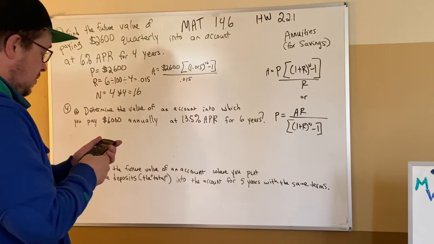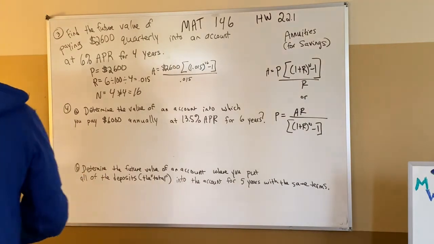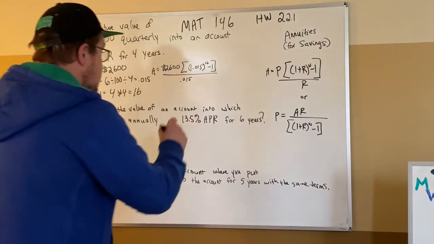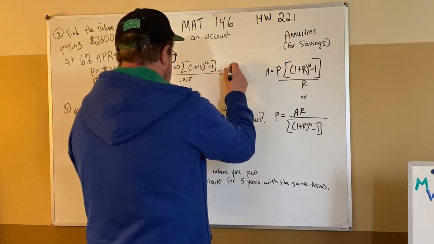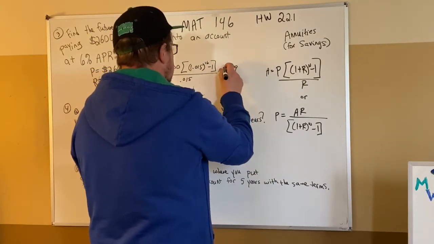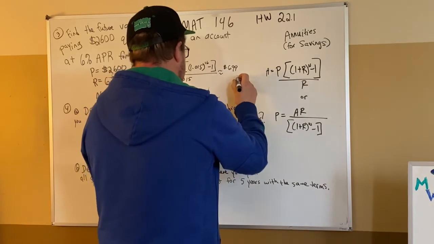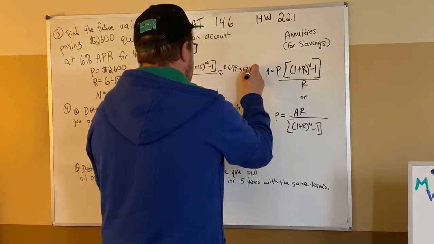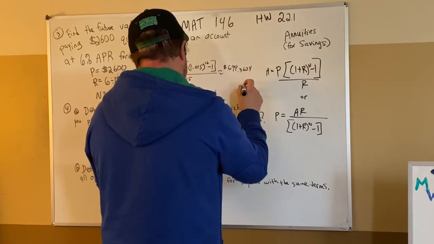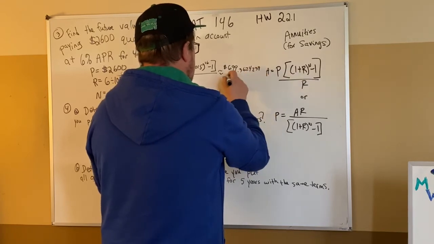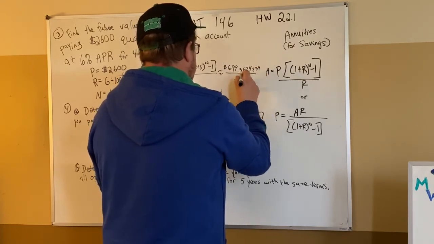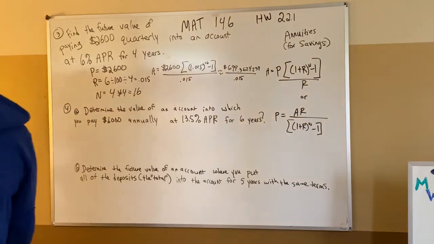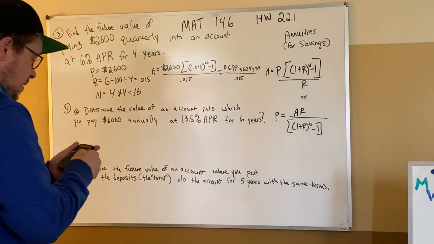I've done it now times $2,600, and I get $699.3624239. And I need to divide that by 0.015, so I'll leave that in my calculator as I now go to divide by 0.015.